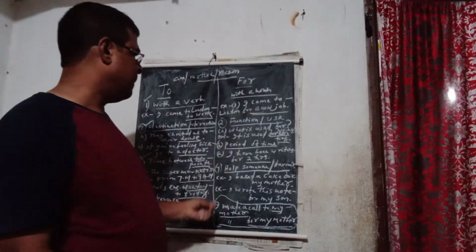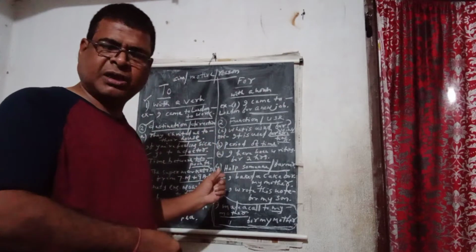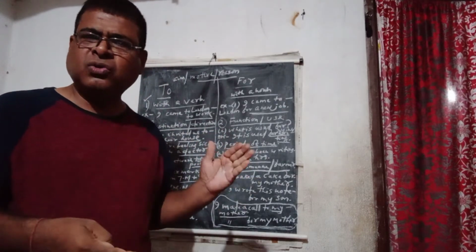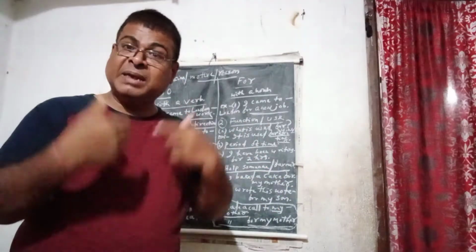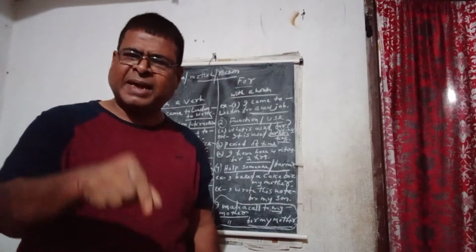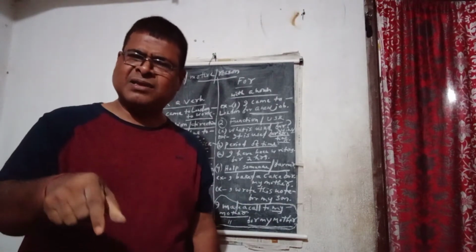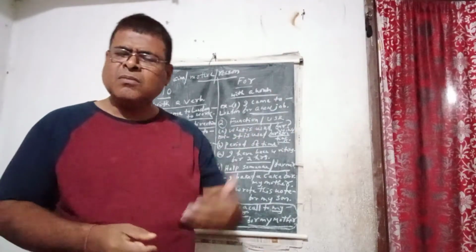I'll give an example: period of time. I have been giving my lecture for about 2 hours. It is called the present perfect continuous tense. I have been playing for 2 hours.